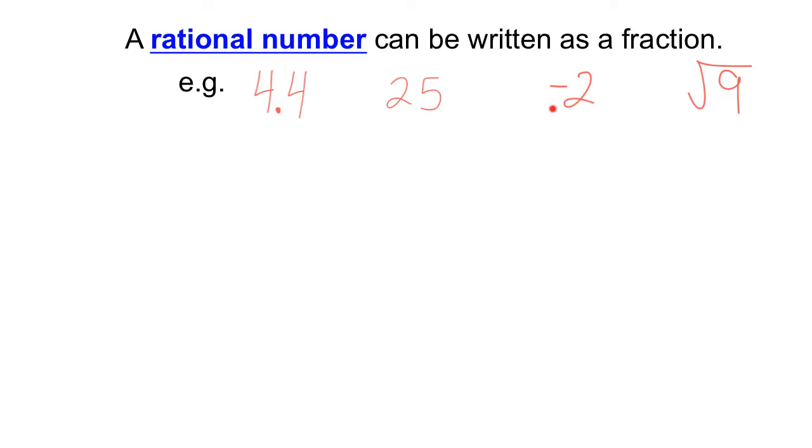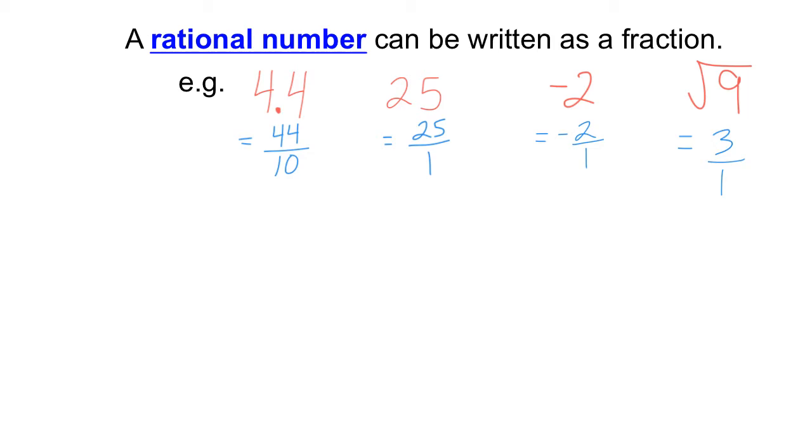These are all rational numbers because I can write 4.4 as 44 over 10. I can write 25 as 25 over 1. I can write -2 as -2 over 1. And the square root of 9 is just 3, which is 3 over 1. So I can write all of these numbers as a fraction. Therefore, they are rational numbers.